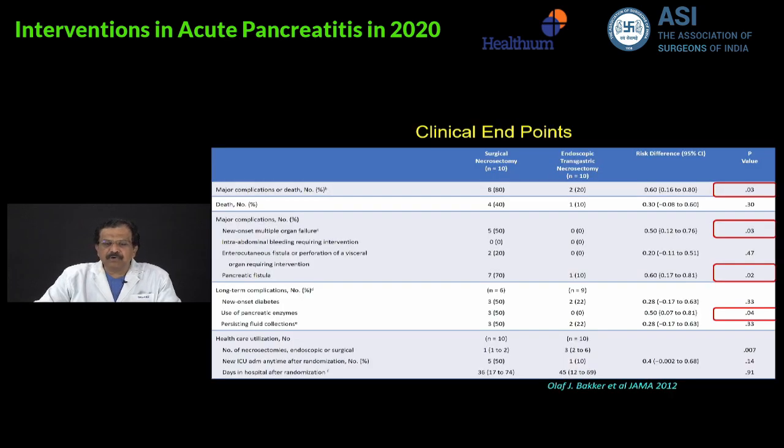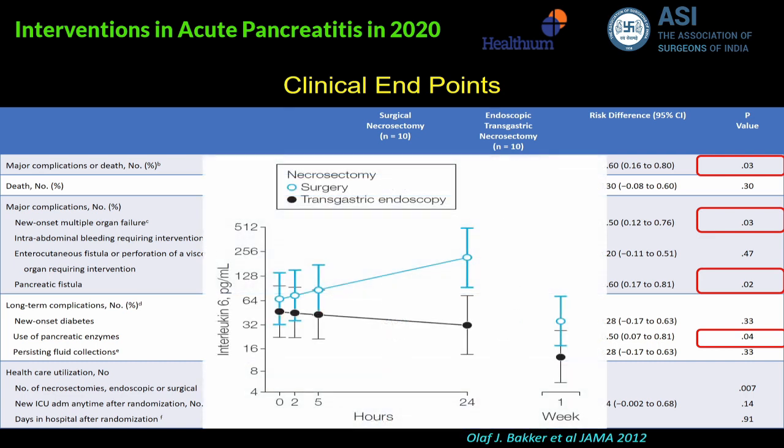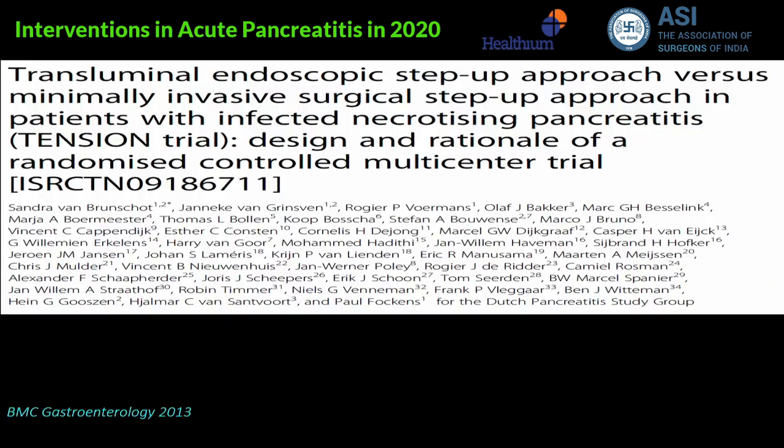They showed that the complication rate and the fistula rate are slightly higher in the surgical group, obviously because these are the patients who are being treated with drains. Obviously the pancreatic fistula rate is higher, and these are the patients who have extension into paracolic gutters and mediastinum. But this paper shows that transgastric intervention, for walled-off necrosis in relation to stomach and duodenum, can be effectively treated endoscopically.